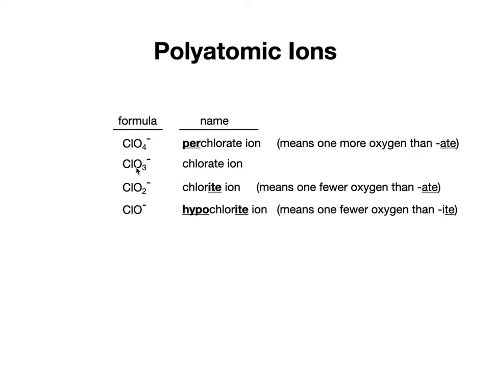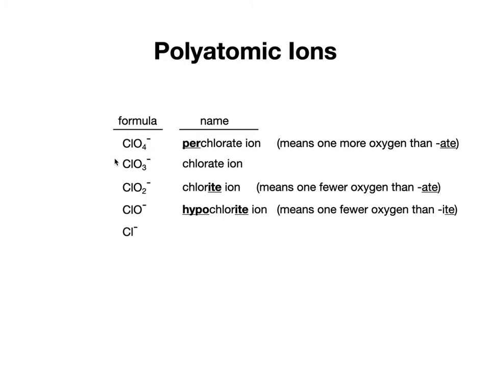And then we need to learn the method to the madness, so to speak. If we go ite, that's one fewer oxygen. We go hypo, that's one fewer oxygen than the ite. We have perchlorate, that's one more oxygen than the ate. So this is the method.